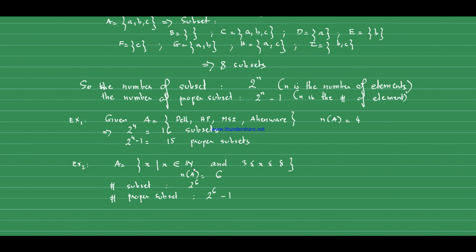So 2 to the 6, you know this is 64, and over here it will be 63. So we have 64 subsets, and we have 63 proper subsets. All right, so you already know what a subset is and what a proper subset is.